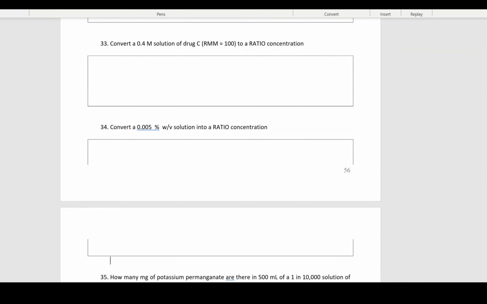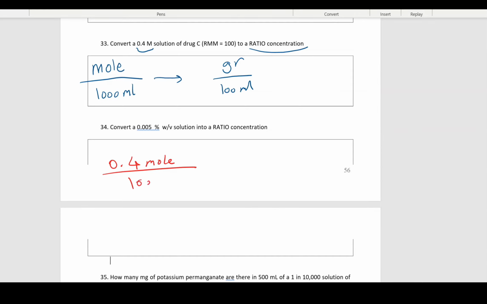You have to convert 0.4 molar, so it's moles in 1,000 milliliters. We want to convert this into a ratio. Ratio concentration is grams in 100 milliliters. So my concentration in moles is 0.4 mole in 1,000 milliliters.